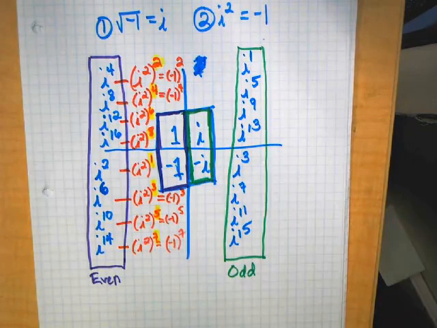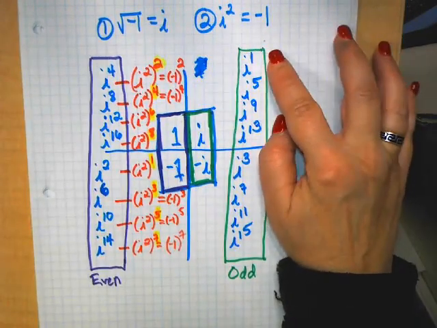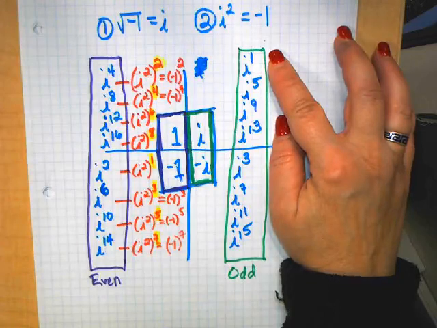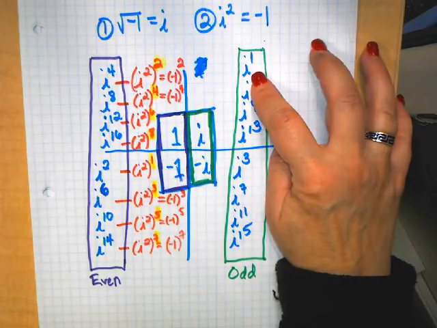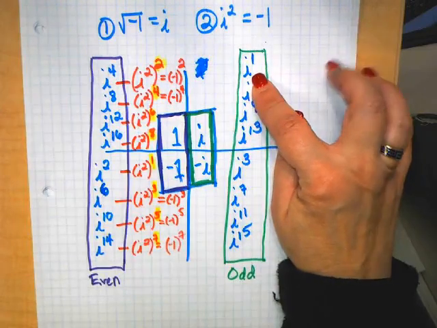This is not going to be a whole lot different over here when we're dealing with the odd numbered powers. i to the 1st doesn't have any pairs of i's in it.